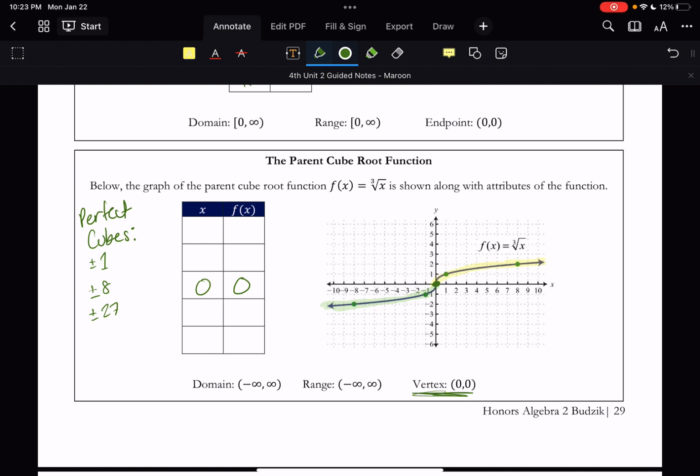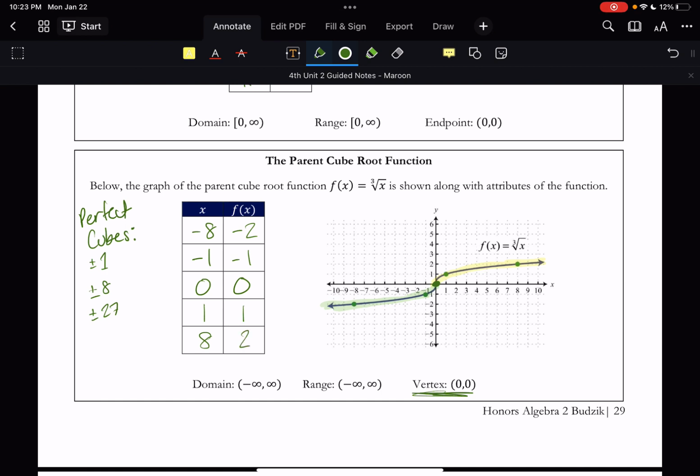And then if I start from the vertex and work my way out, the cube root of negative 1 is negative 1. The cube root of positive 1 is positive 1. The cube root of negative 8 is negative 2. And the cube root of positive 8 is positive 2.